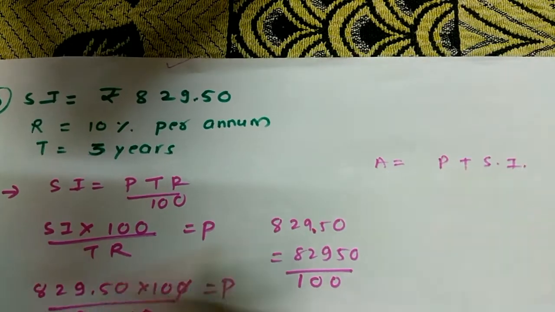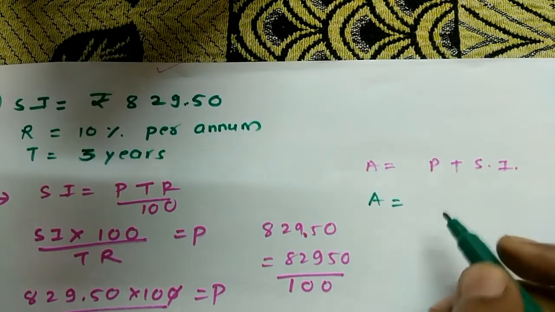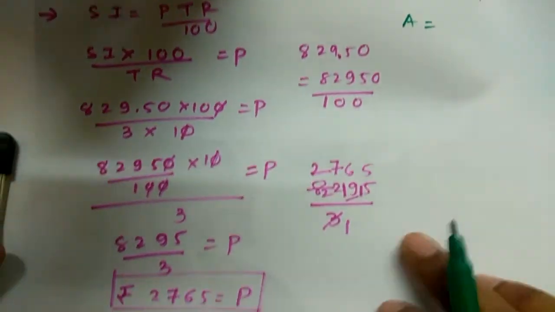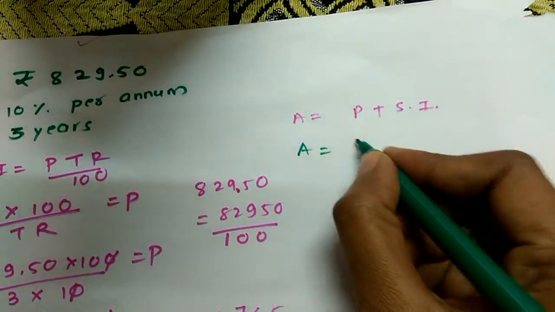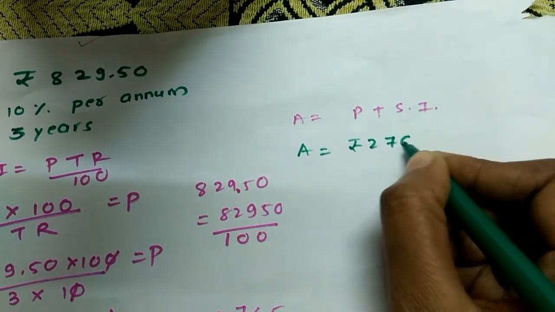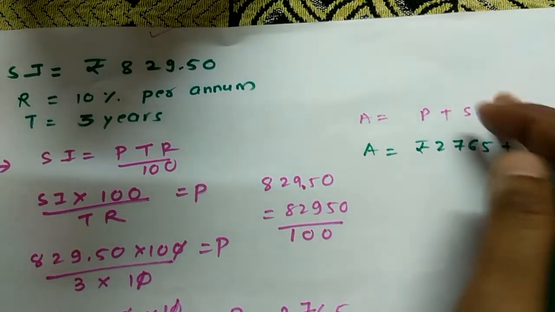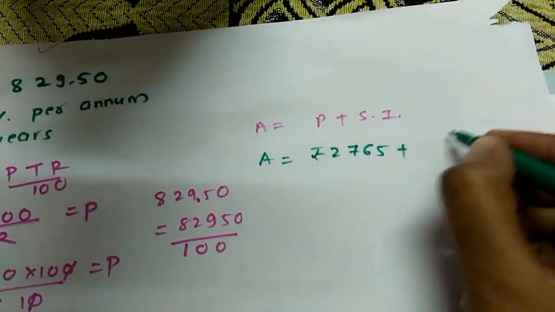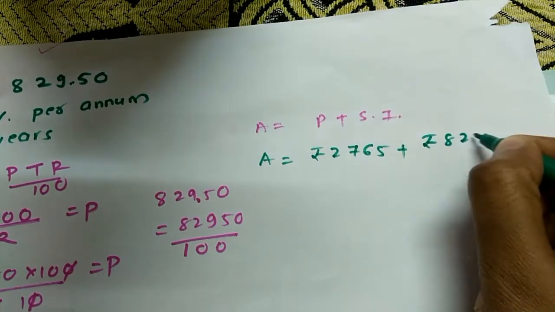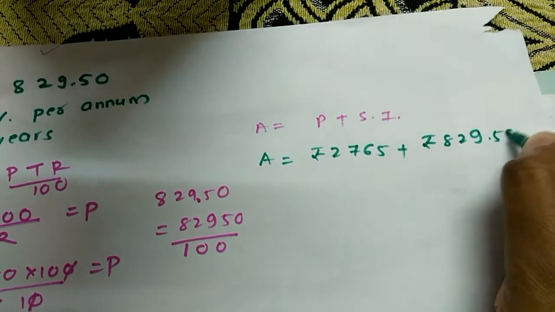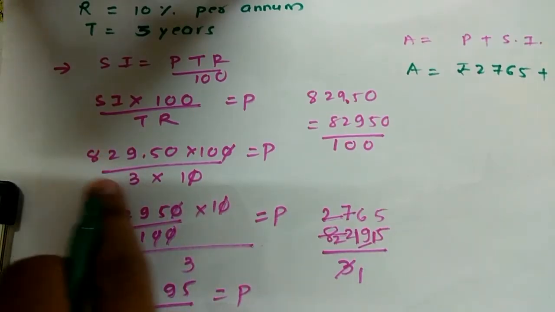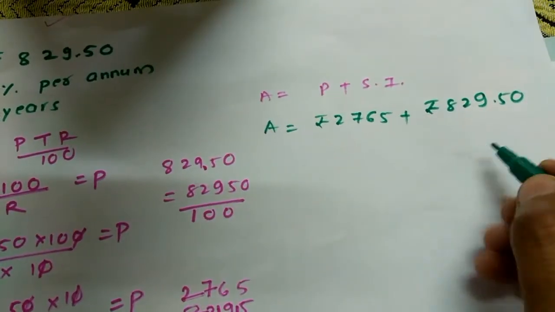So here we'll find out the amount. Principal we have 2765 rupees, plus the simple interest, that is rupees 2829.50. So here you have to focus on how to solve this, the decimals. So add these two.